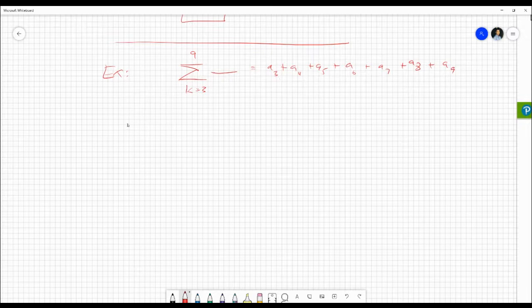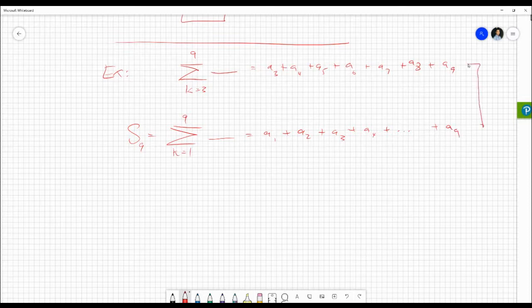Now, what does S9 mean? S9 means I'm going to start at 1 and go to 9 of whatever the general term is. So A1 plus A2 plus A3 plus A4 plus all the way up to A9. So I want you to see the difference here.